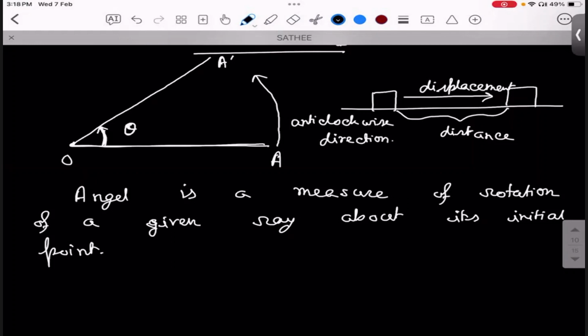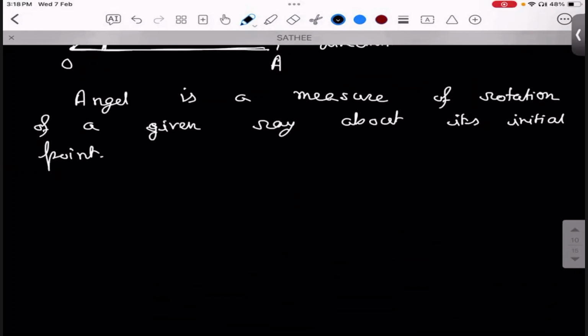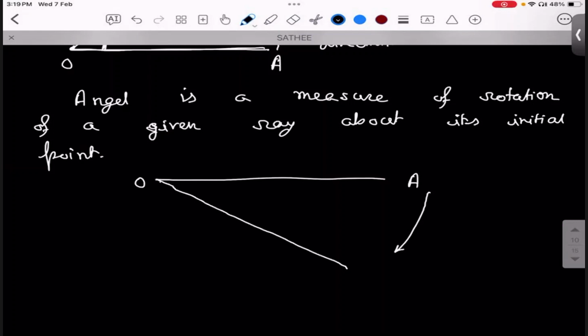In some scenarios, it can happen that the initial ray was at this point OA, and keeping the point O fixed, the point A moved along the clockwise direction, and the future position of the ray becomes this. So here we get another angle. This is also an angle, obviously.